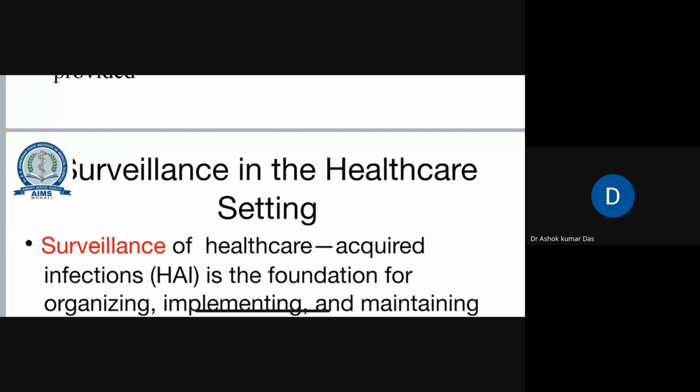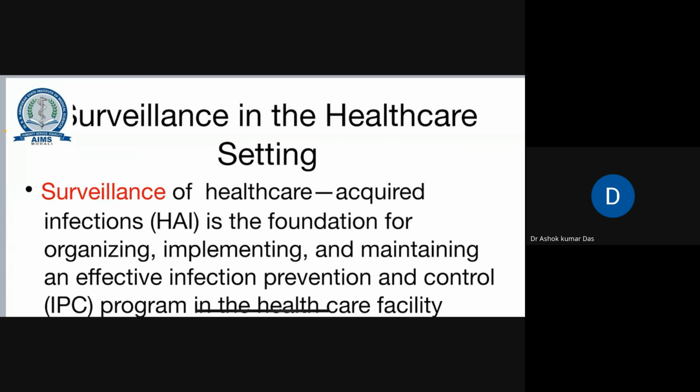For example, if the persons who were catheterized were complaining of UTI, then you need to check what faults occurred when they were inserting that particular device, or whether they were not being taken care of. That is why surveillance is a key component to reduce healthcare associated infections.